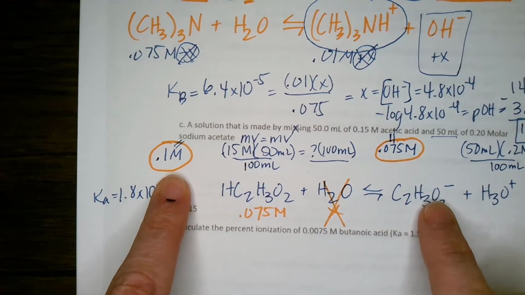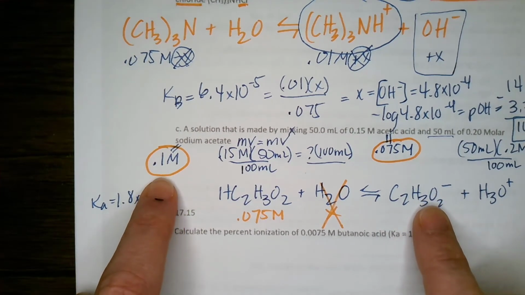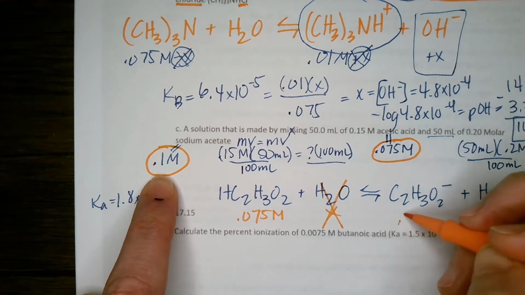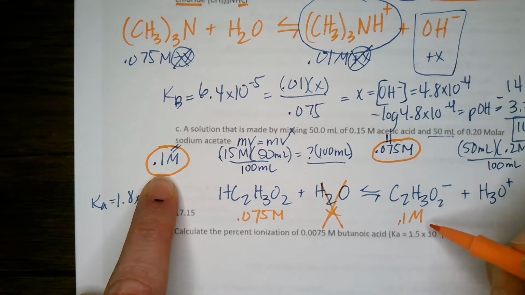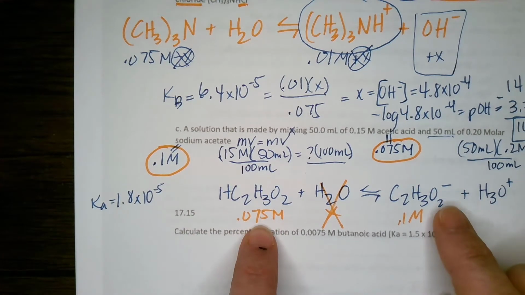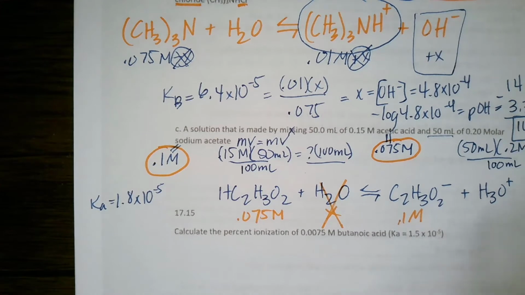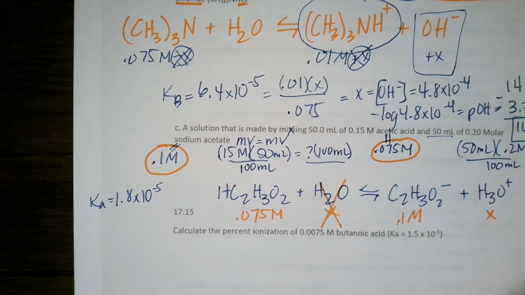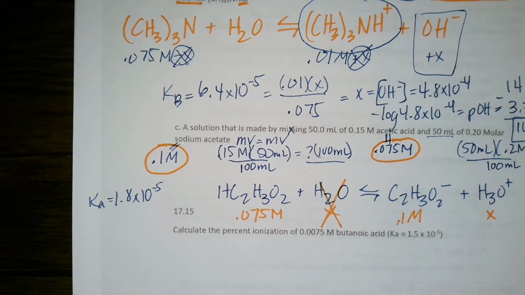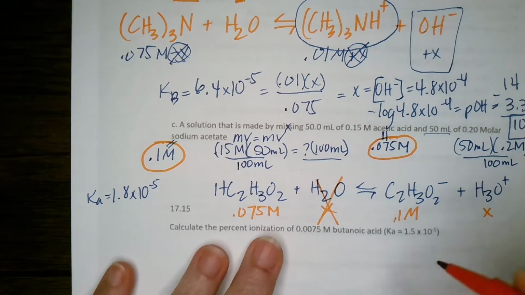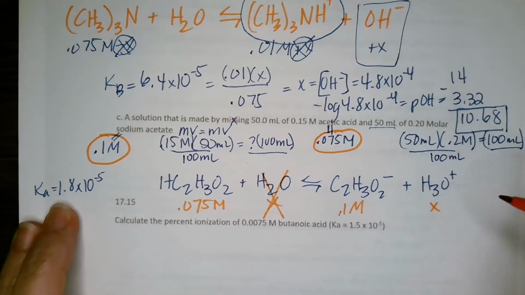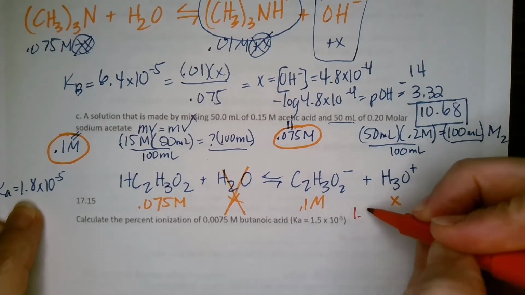We initially are at zero, but I know that my sodium acetate that 100% dissociates is leaving me with 0.1 molar of my acetate. And again, this would be 0.1 molar plus X, but again, because of the minus X and plus X, we're leaving that off. And then we have X.